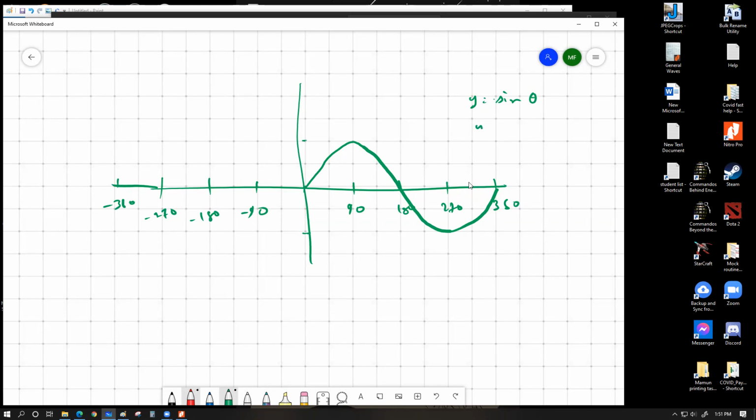Now if you are trying to draw a graph of y equals sine theta plus 50 degree, what you just have to do is shift this entire curve. Apparently I cannot select both of these together.